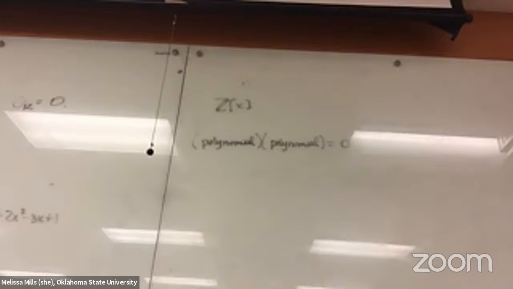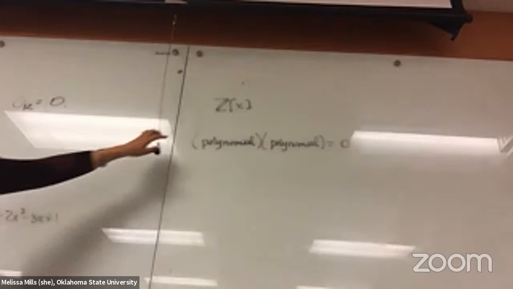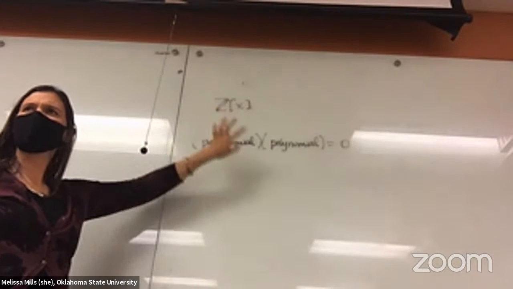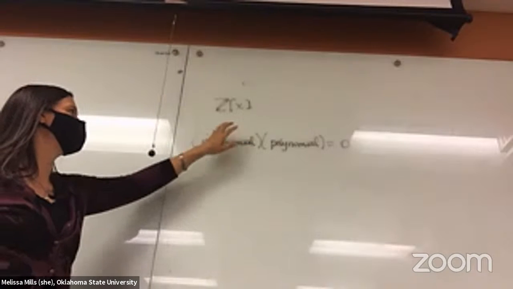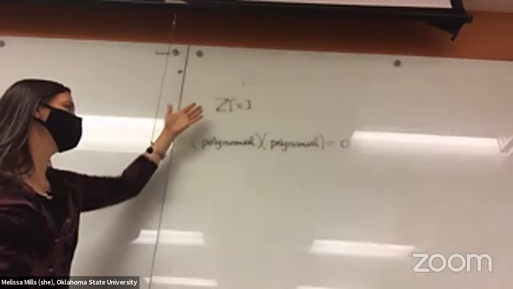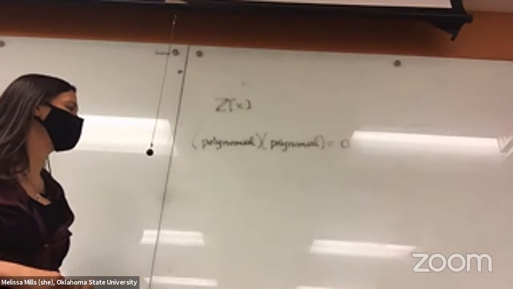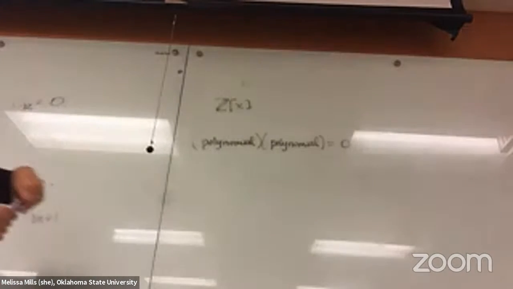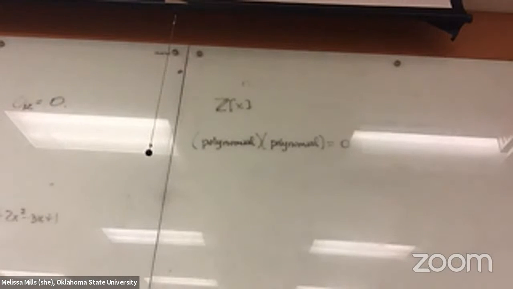But the reason is why? Because Z itself is an integral domain, right? And so the reason for this is that Z itself is an integral domain.